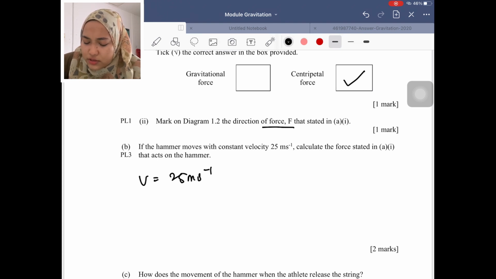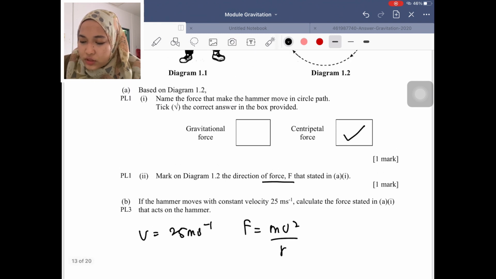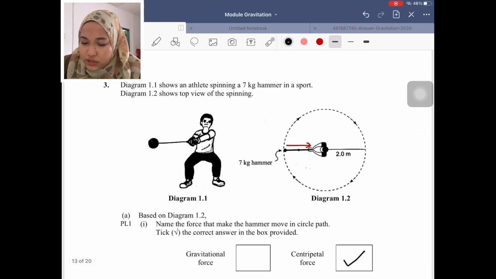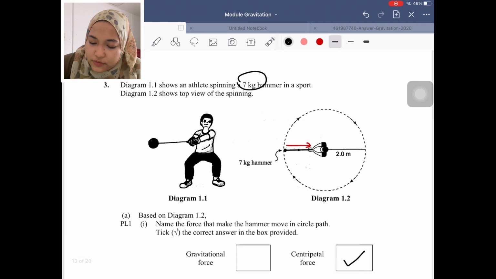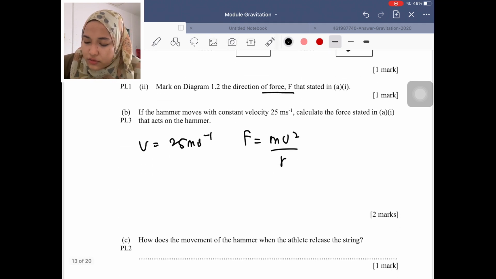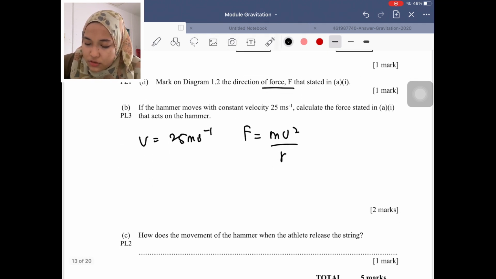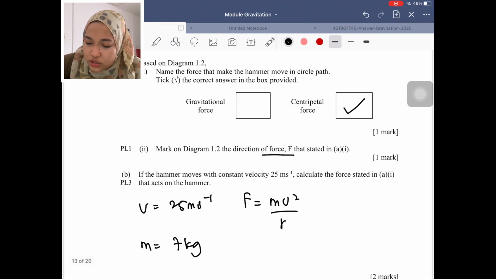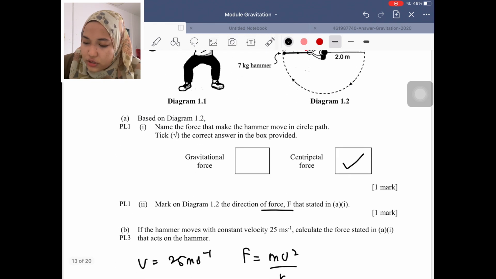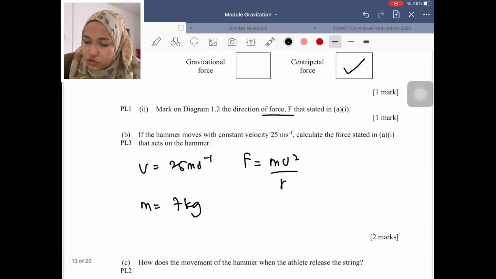So force, so the formula for centripetal force, so F equals to mv squared over R. Okay, dekat sini dia ada bagi tahu, so mass of the hammer is 7 kilogram. So M equals to 7 kg, and also the R is here 2 meter.